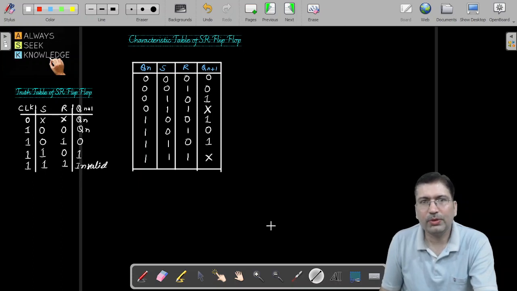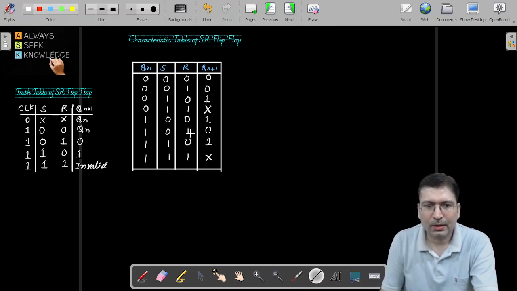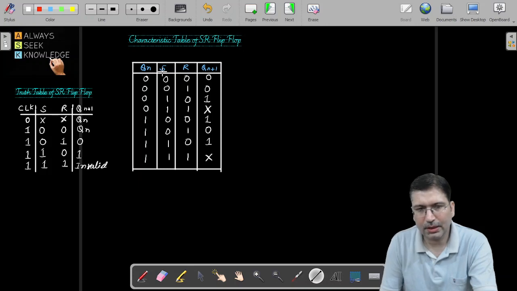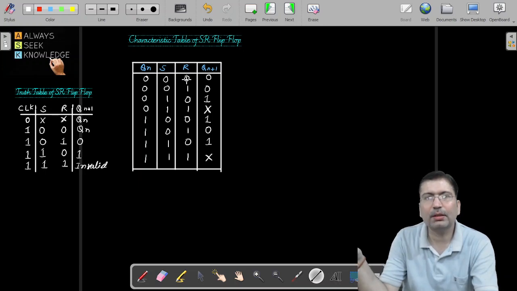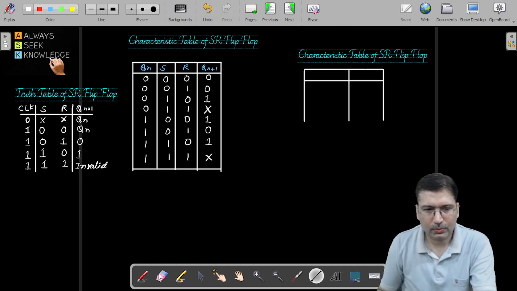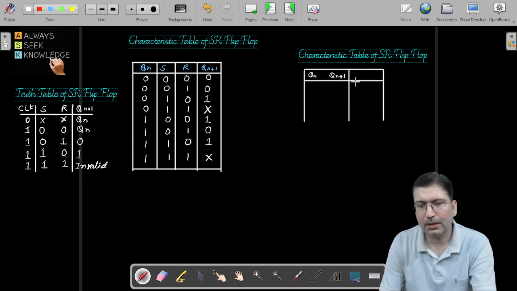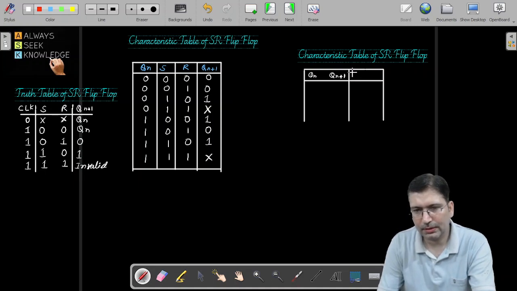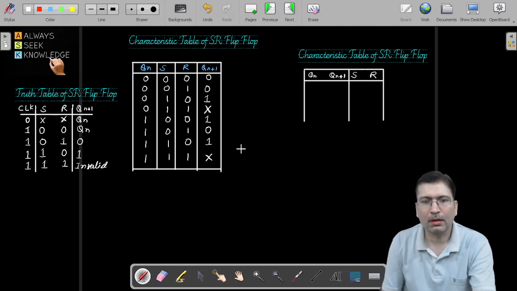Now there's another table which we consider as the excitation table, in which we consider the Qn and Qn plus 1 and we try to predict the inputs S and R. So let's draw that table. In the excitation table, we take Qn, the previously generated state or output, and Qn plus 1 as input, and we try to predict the value of S and R, right?